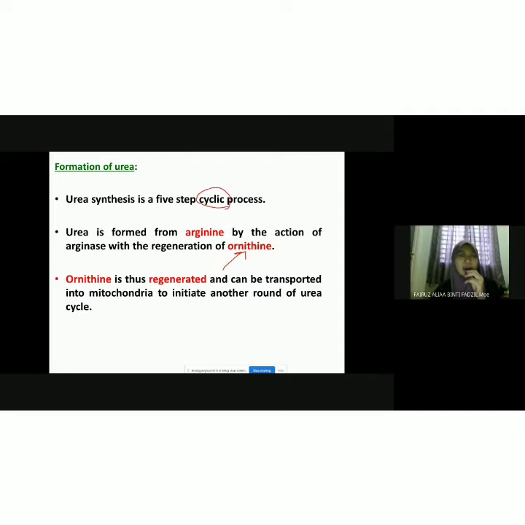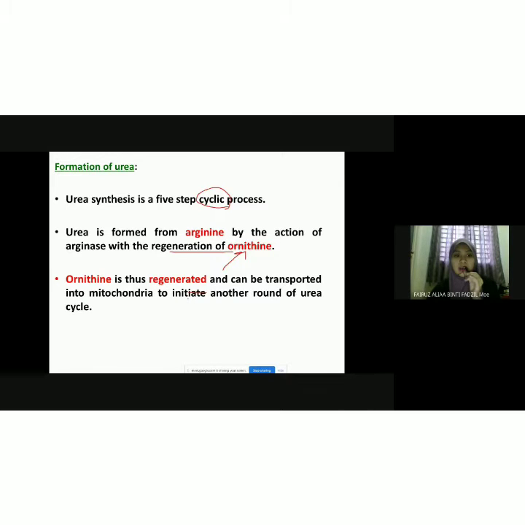Why do we say Krebs cycle? Because in the Krebs cycle, we use the oxaloacetate, and at the end of the cycle, the oxaloacetate will be reproduced. That's why it's called the Krebs cycle. For the urea cycle, it's the regeneration of ornithine. So ornithine is thus regenerated and can be transported into mitochondria to initiate another round of the urea cycle.